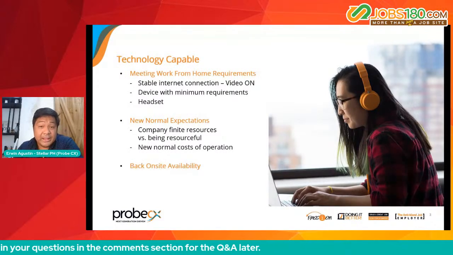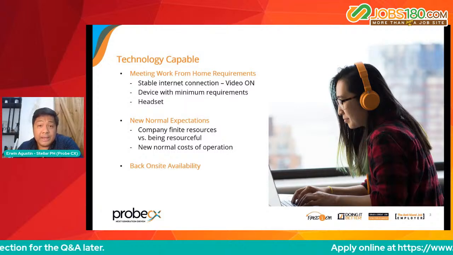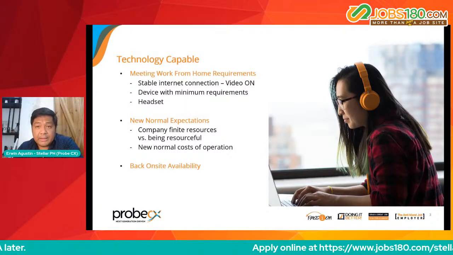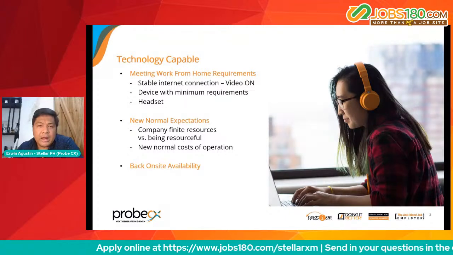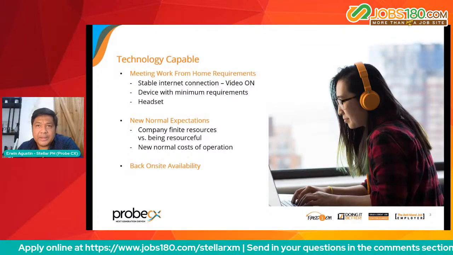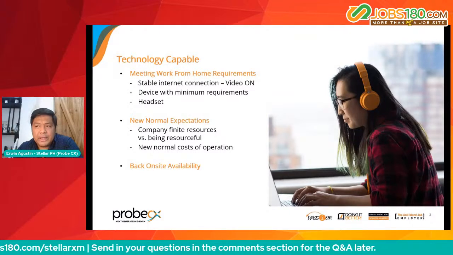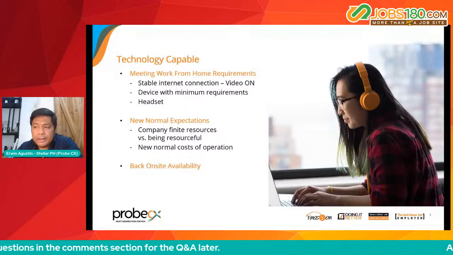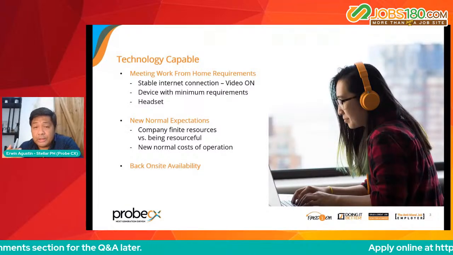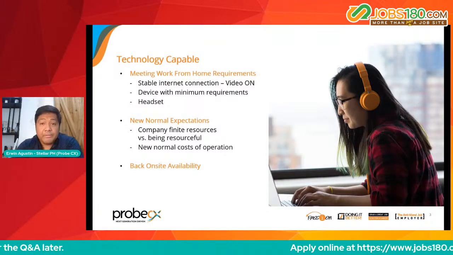Especially with jobs180.com, this is also a very good innovation to help others get the work that they're looking for. And just to tackle the new normal expectations, because when people apply for a company, they might be expecting that the company would give them desktops or the equipment for the company.